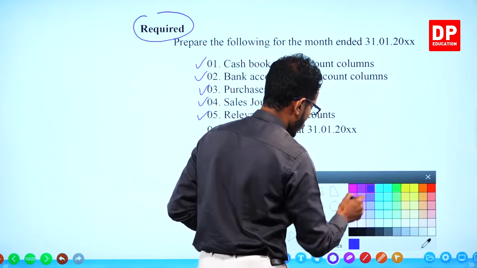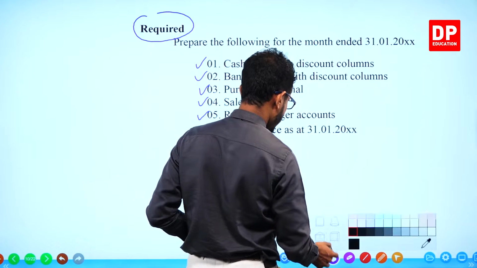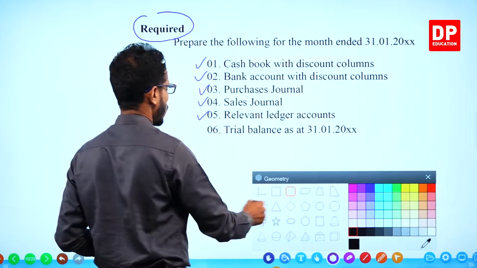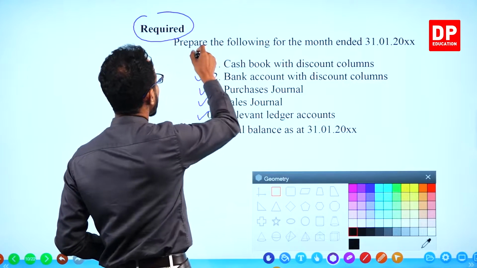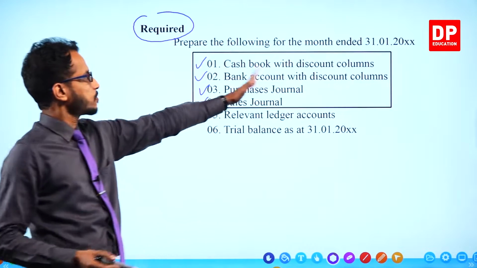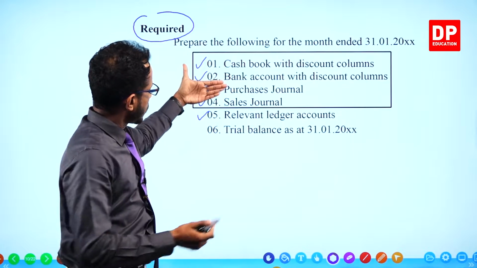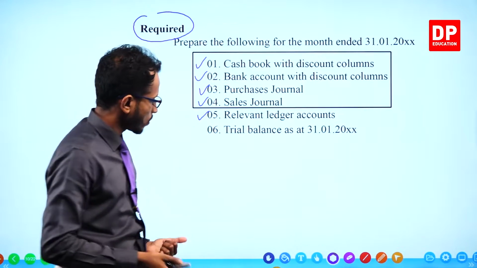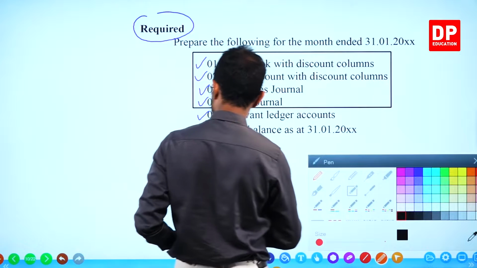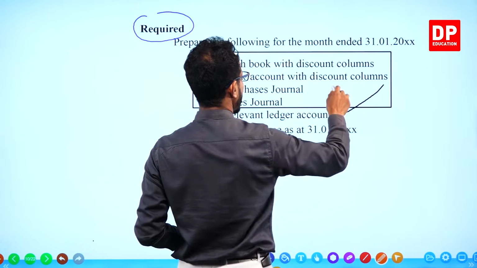So from these prime books, cash book, bank book, purchases journal, and sales journal, we need to get the information to the relevant ledger accounts.